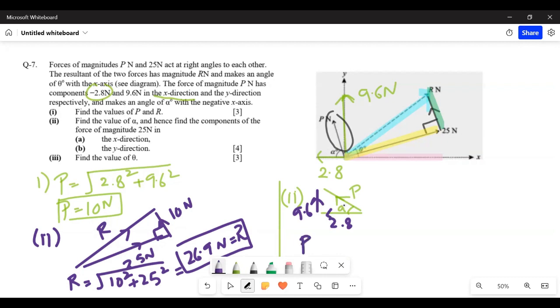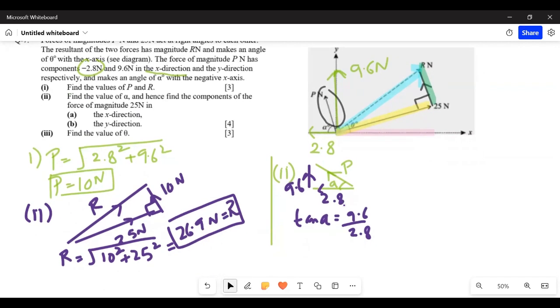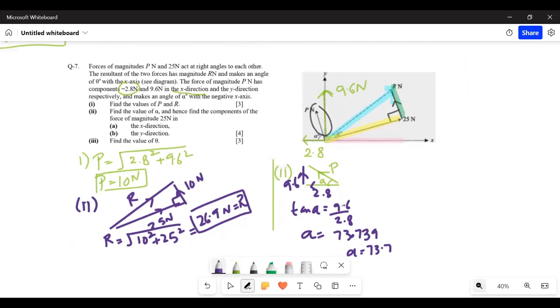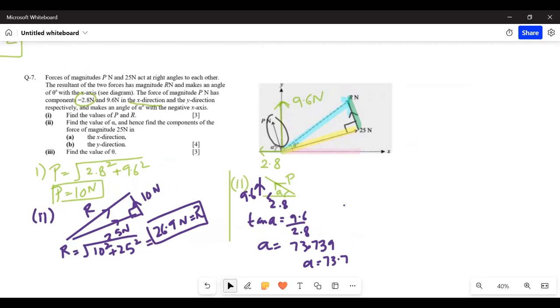So tan alpha equals 9.6 over 2.8, which gives alpha equals tan inverse of this, which is 73.739, so 73.7. That's alpha.